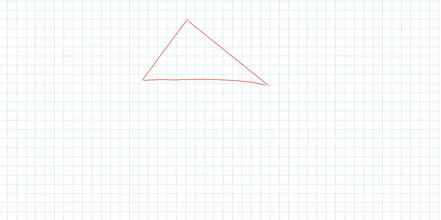The opposite side is named with the same letter. So if this is angle A, then this is side A. This is angle B, then this is side B. This is angle C, so this is side C. So we always go angle, opposite side have the same letter, but it's a small letter.